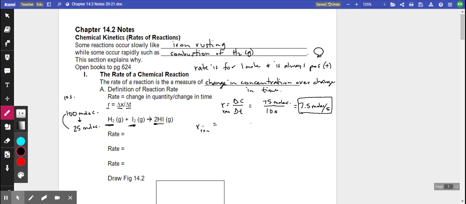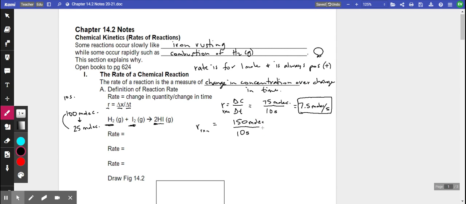So stick with me here. Okay, it's not as hard as it sounds. If the change in HI is 150, okay, and it's increasing, that amount is going up. So it started with none and it went up to 150. Over the same 10 seconds, I would get 15 as the rate of my reaction, 15 molecules per second.